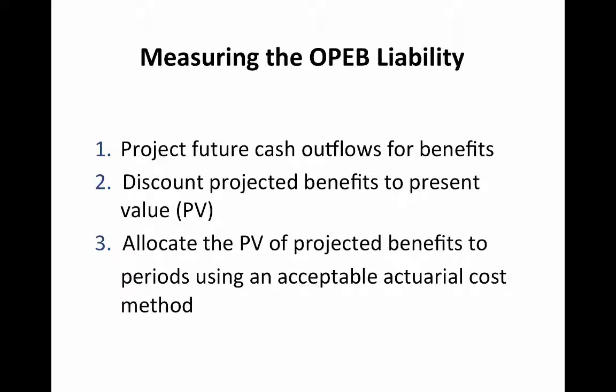The measurement of the OPEB liability, what takes place in the actuarial valuation, can be summarized in three steps. And if any of you are an actuary, I apologize for having boiled down what is a fairly complex science to a rather simplistic list of three steps, which is to project future cash outflows for benefit payments, to discount those projected benefit payments to their present value, and then to allocate that present value to periods of employment service, both past and future, using an acceptable actuarial cost method.